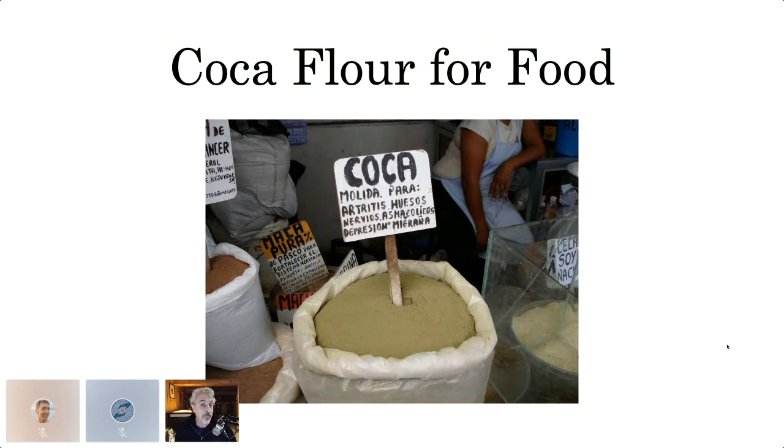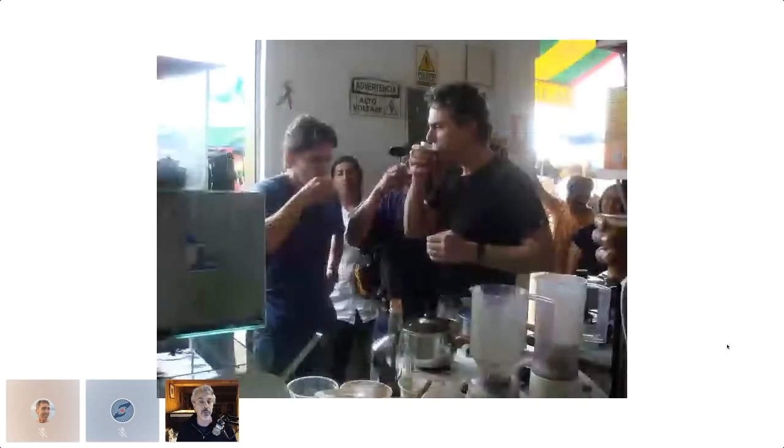So many people use coca flour as part of the flour composition of breads and cakes and baked goods. It has a relatively benign taste, less taste than, say, you'd get from kale, although a little bit more astringent. And when it's mixed with other types of flour and baked goods, it's not really particularly obtrusive. So it is also used purely as a food.